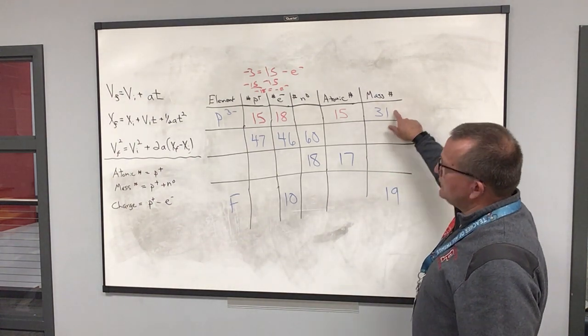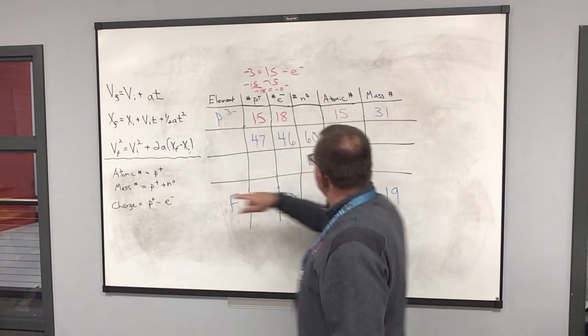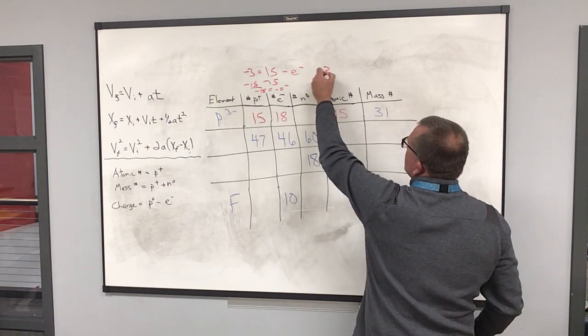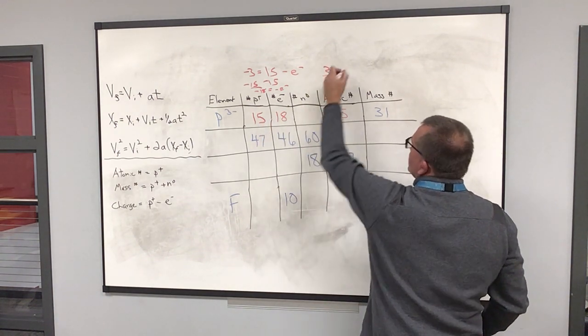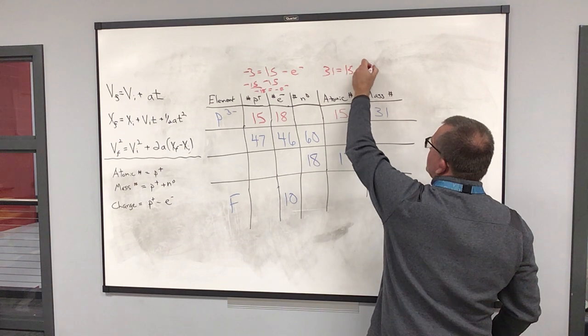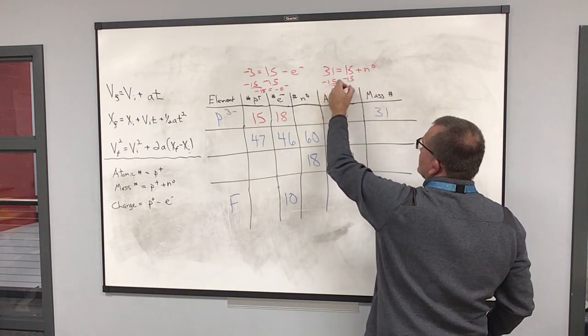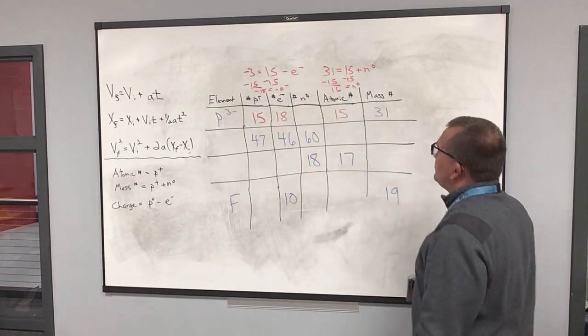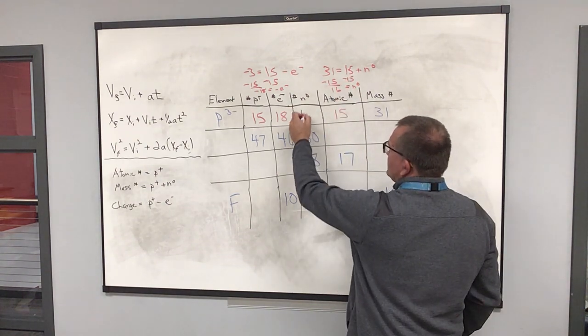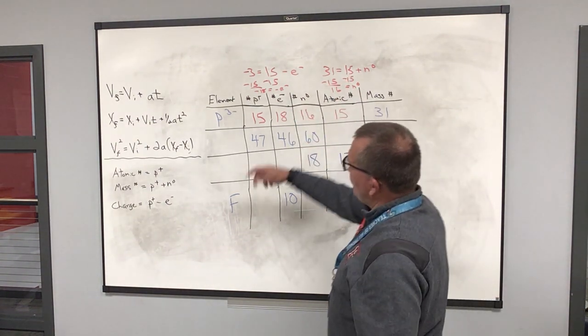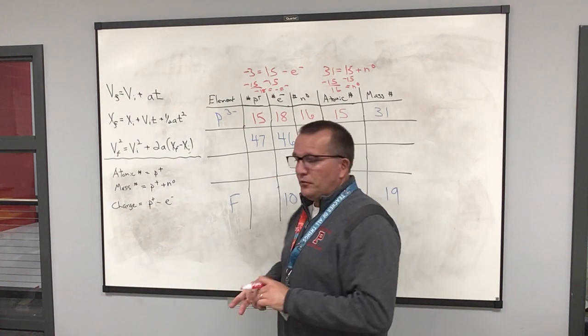Mass number is protons plus neutrons, so 31 is equal to number of protons 15 plus neutrons. I subtract 15, and I get 16 as equal to my number of neutrons. So neutrons is 16.